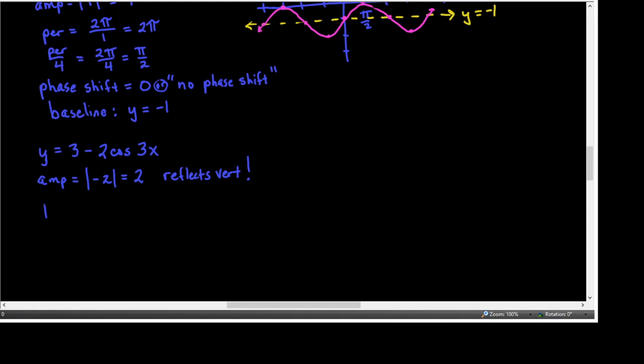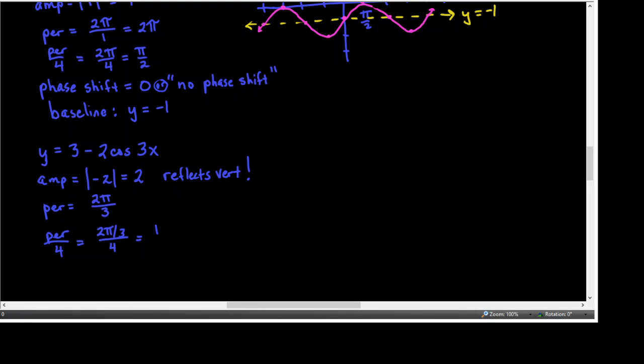Okay, period is 2 pi divided by 3. Then the period divided by 4, which is actually more important. You have to find the period to do this calculation, but it's the period divided by 4 that we actually use.